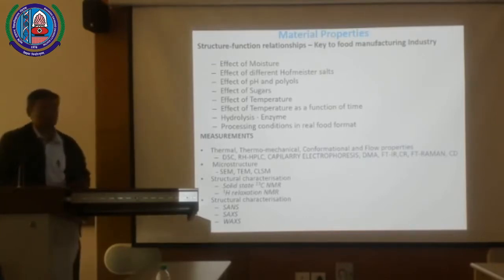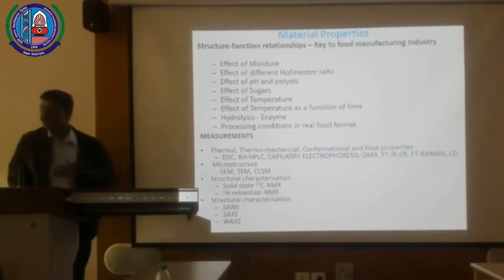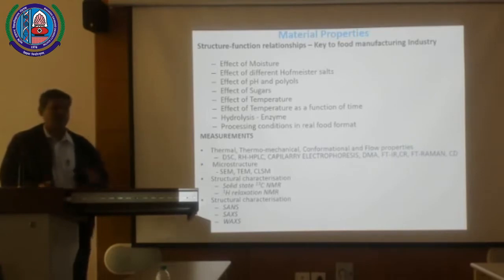Then pH and polymers. Polymers is basically sugar. Coming to pH, it can be acidic pH or basic pH. We discussed the solubility of proteins, which is lowest at the isoelectric point. The solubility increases away from the isoelectric point. So you have the pH effect.